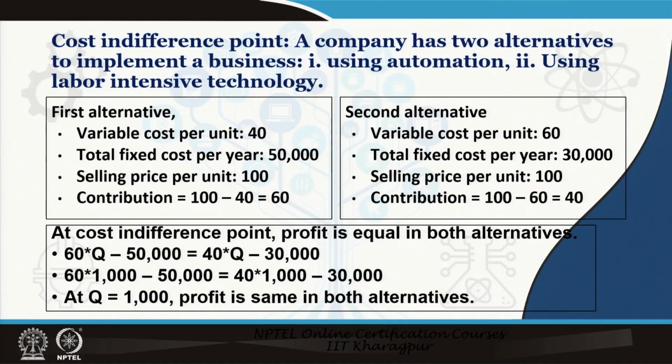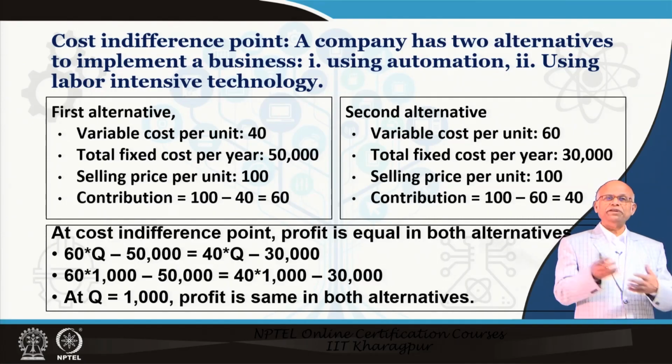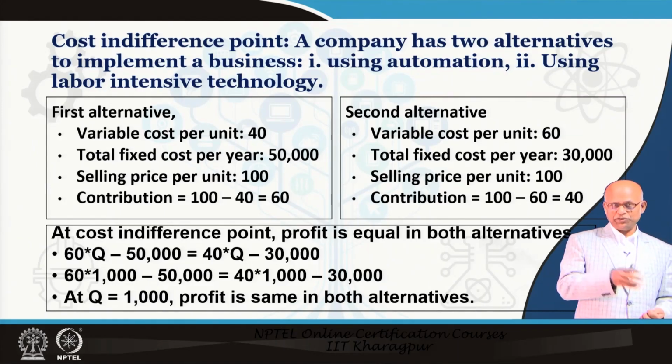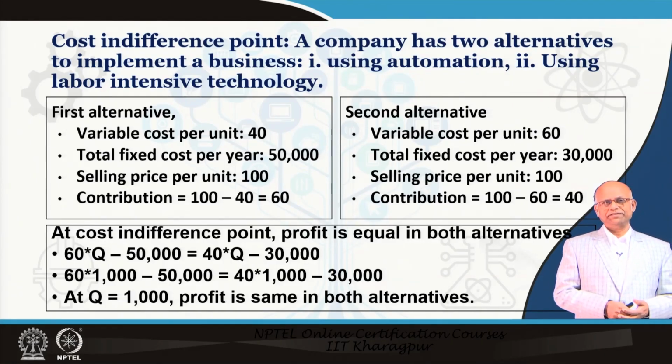Now, the selling price has to be the same, because you are in the marketplace, it does not depend on your cost structure. So that is 100 rupees per unit. So, contribution will be different in the two cases. In this case, contribution margin is 60 rupees per unit, whereas in the second alternative, the contribution margin is only 40 rupees per unit.